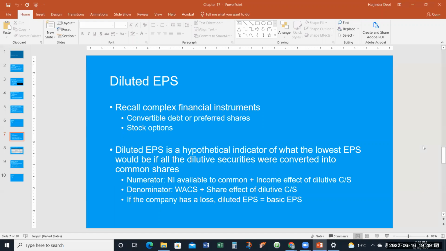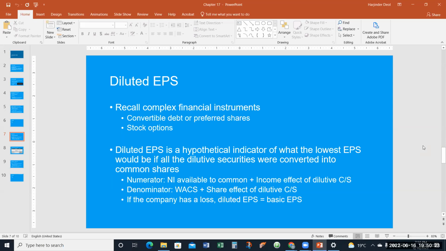If you had an extra member coming in, 5 people, same pizza, now everybody gets a smaller slice. That's the idea here: if you have more common shares outstanding, and for the sake of argument the same net income spread over more common shareholders, what would the earnings be for every share?